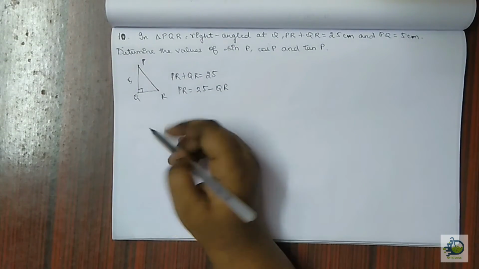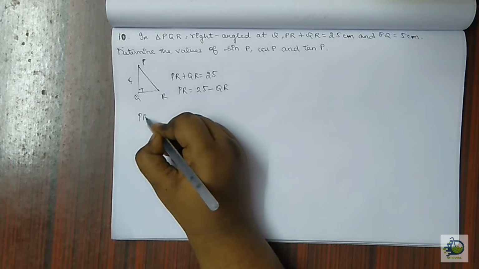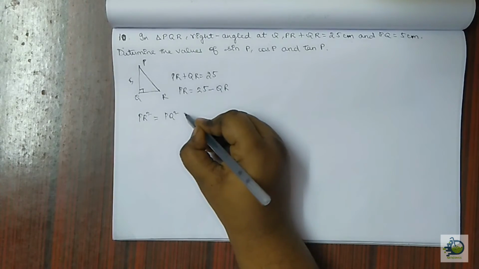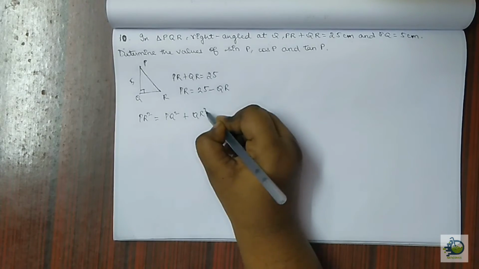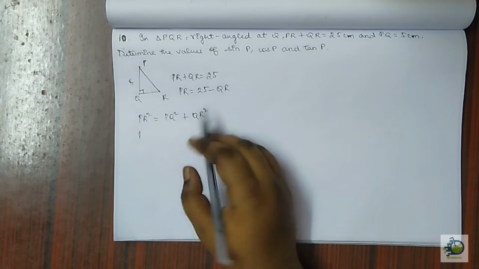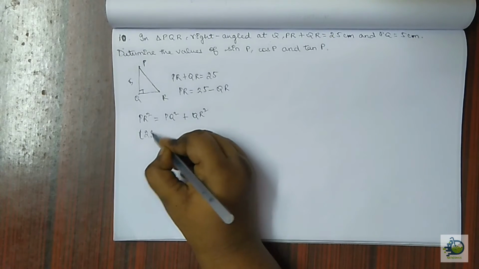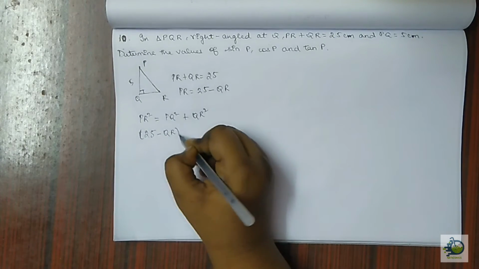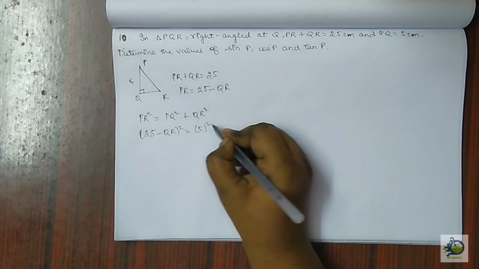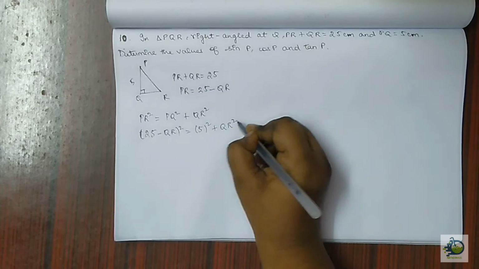Now by using Pythagoras theorem, we can write that PR square is equal to PQ square plus QR square. Now, PR square can be written as 25 minus QR.